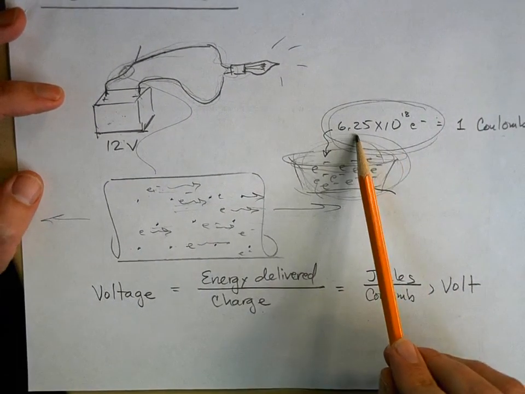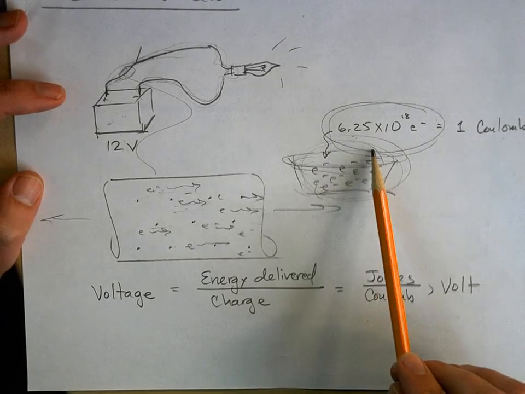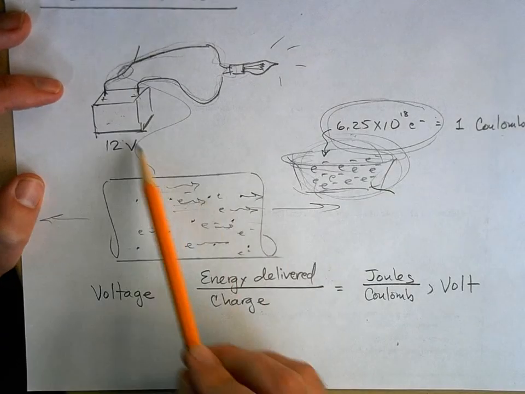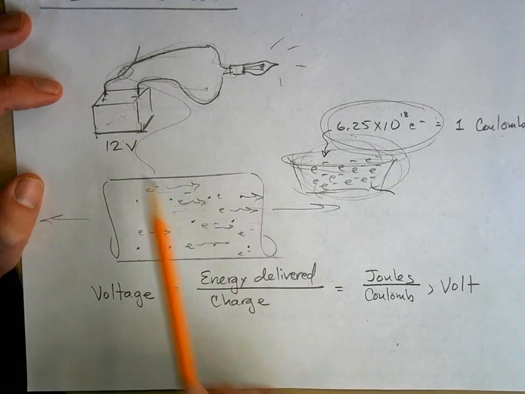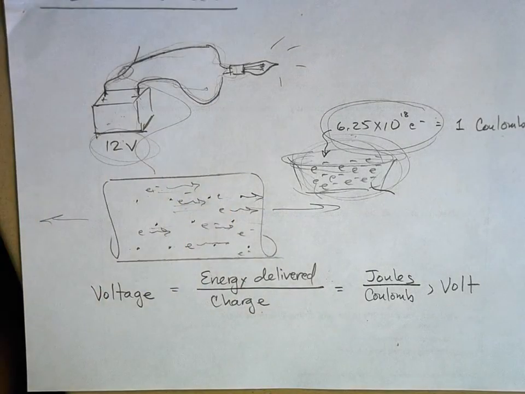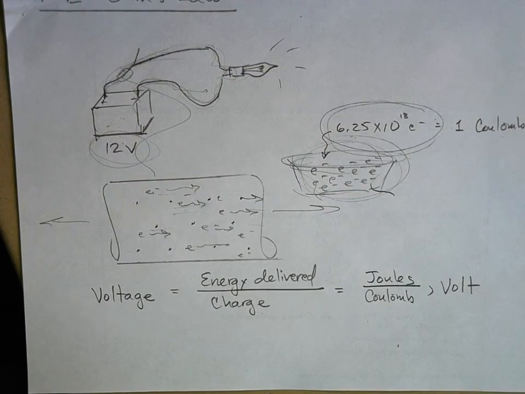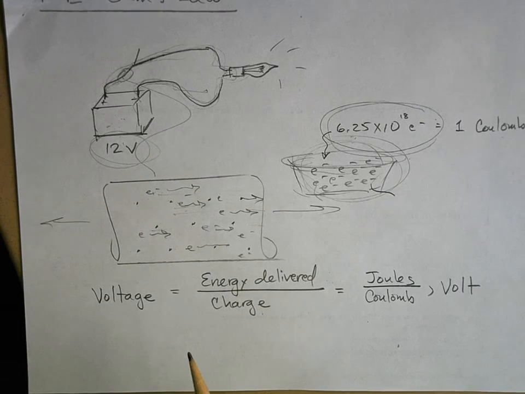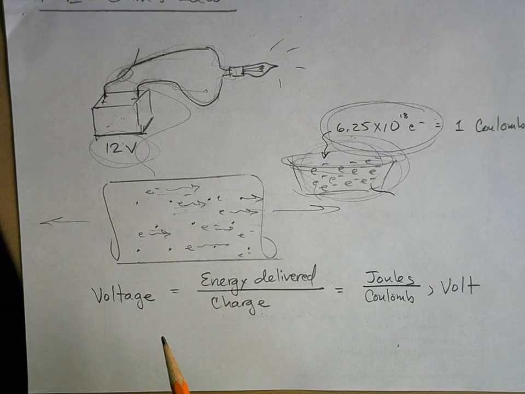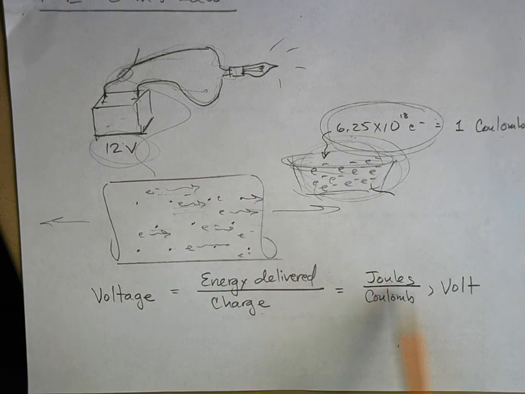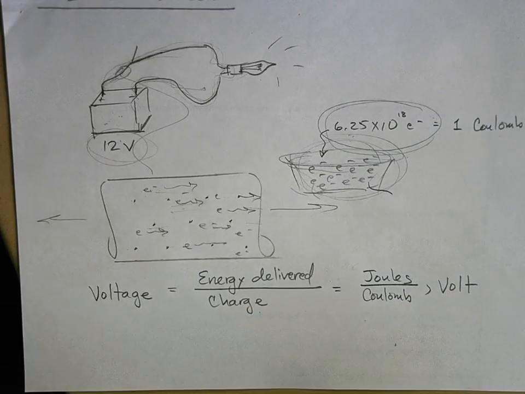Roughly 6, a little over 6 billion trillion electrons are pushed out of this battery, they will carry 12 joules of energy with them, and they will deliver this energy to your light bulb, or to your motor, or to your speaker, or your computer, whatever is consuming the energy to do something. This is how much energy is delivered per unit charge, joules of energy per coulomb of charge that comes out of that battery.